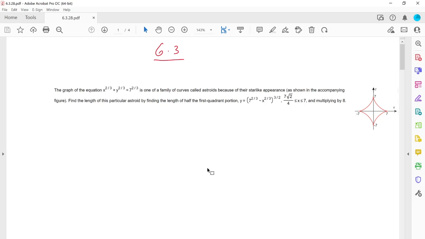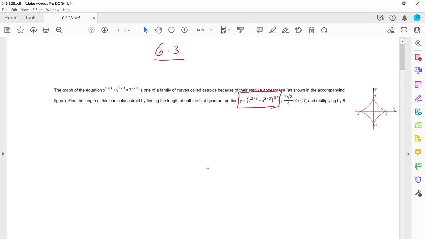Now to find the length, we can find the length of the first half quadrant portion. So this equation represents the first half, the length of half of this curve on the first quadrant.